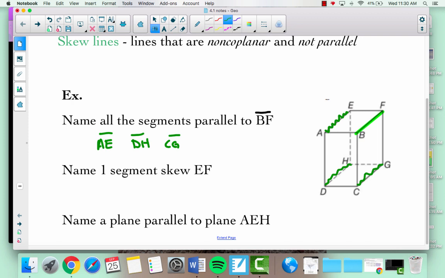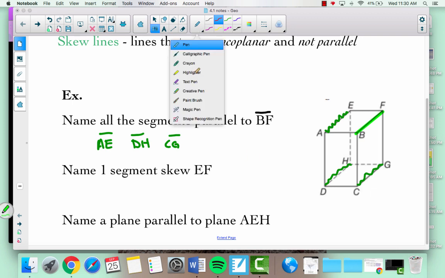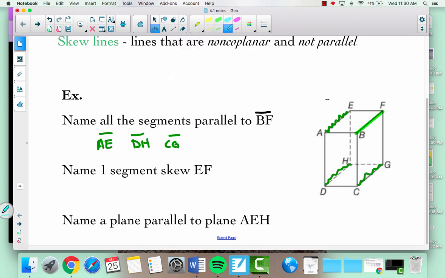The next one says name one skew segment to segment EF. So let's use our highlighter again. This time we'll use blue. So EF is this back top edge, and I want to find a segment that is skew to it. So remember, skew means that it is non-coplanar and it is not parallel. So you want to look for an edge that basically goes a different direction but is not in the same plane. And there are a couple different answers. The first one I see is this segment right here.